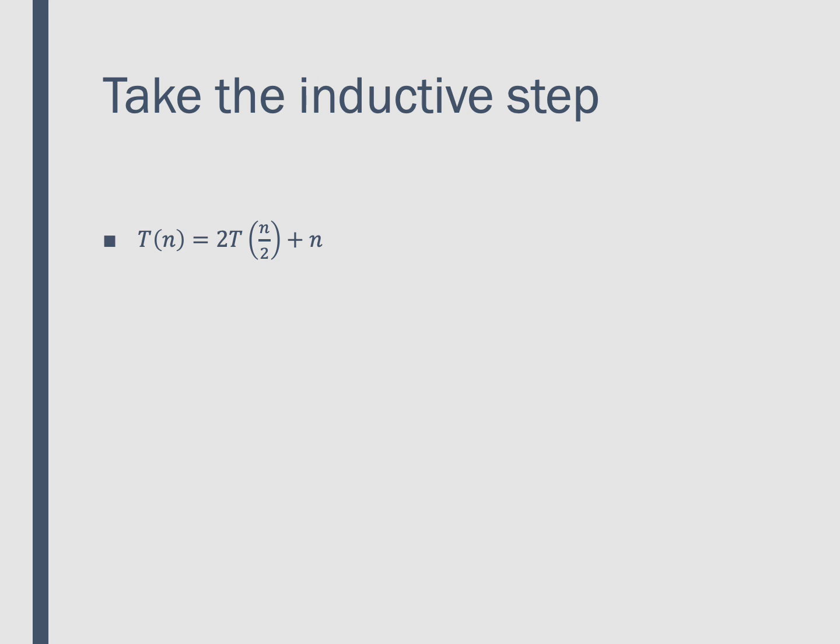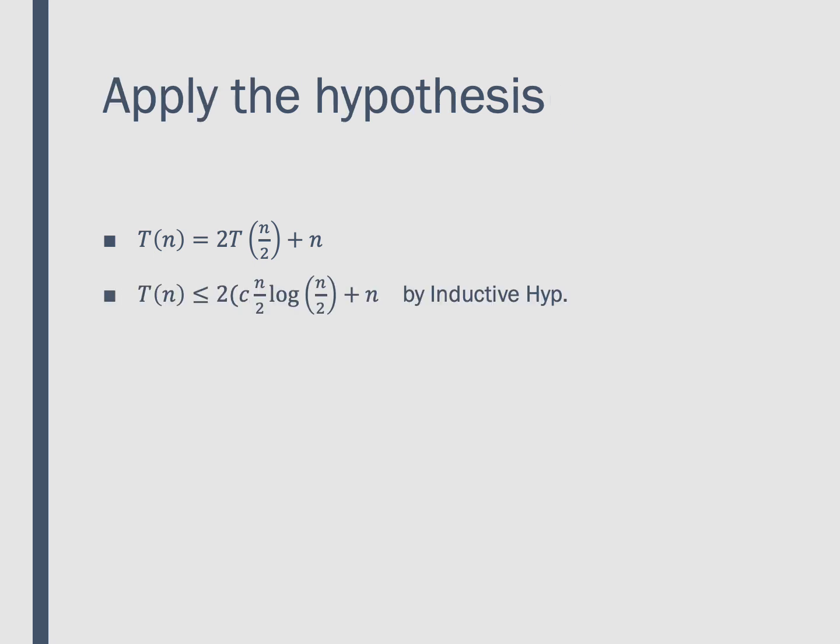Now our goal is to prove that Tn is less than or equal to c dot n log n for some constant c. Now when we apply the hypothesis here, it will be like T(n/2) is less than or equal to c dot (n/2) log(n/2), and substitute this into the recurrence.